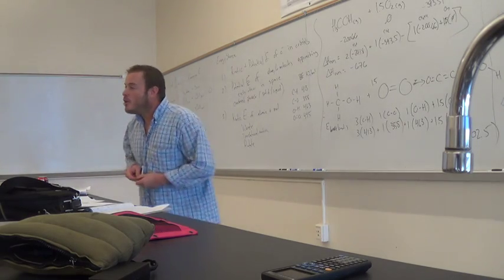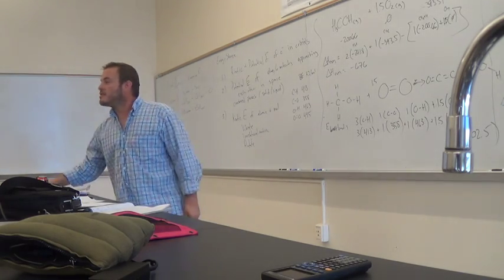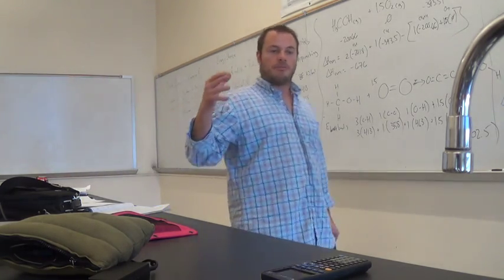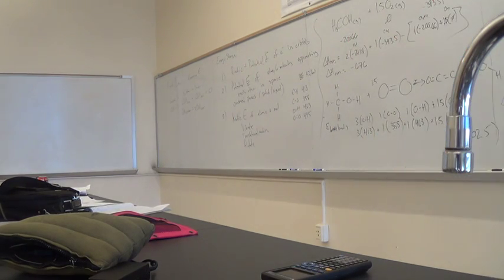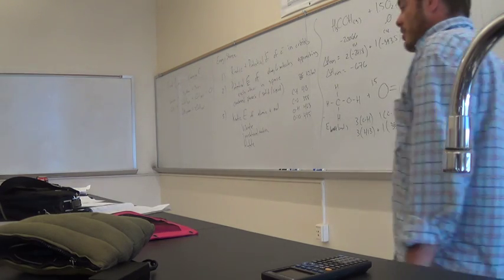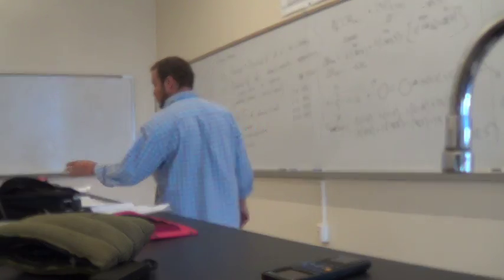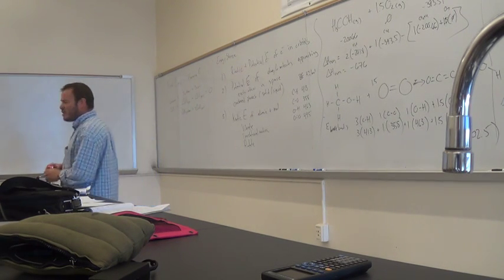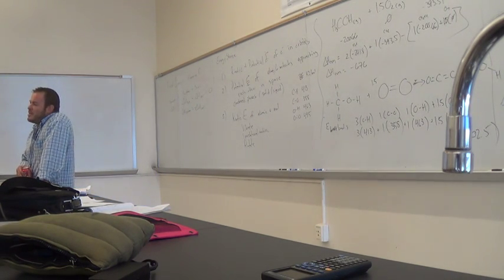And so the take-home message here is that your delta H is a function of raising or lowering of these, in this case, electric potentials in the molecules. Does that make sense?